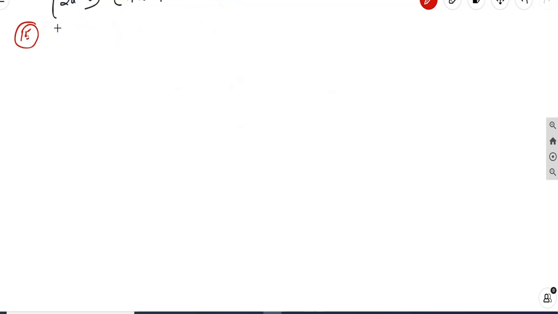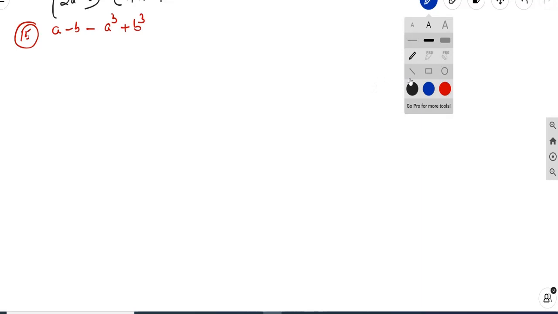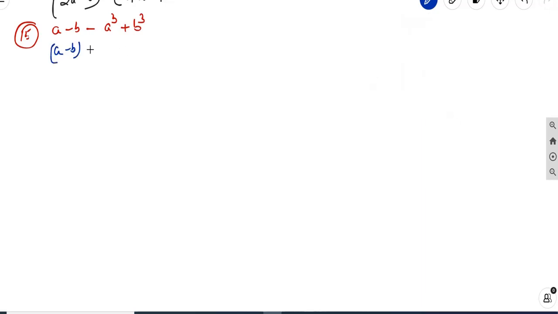Problem number 15 is given as a minus b minus a to the power of cube plus b, so a minus b I can make one group. Minus, if I take out, this becomes a to the power of 3, minus, because minus I have taken out, minus into minus, this becomes plus b cube. So now this one is in the form of the identity a cube minus b cube.